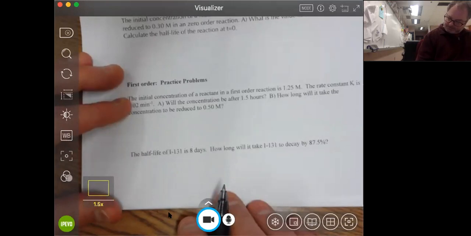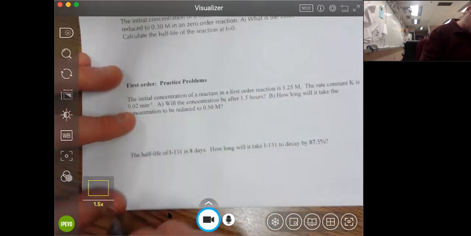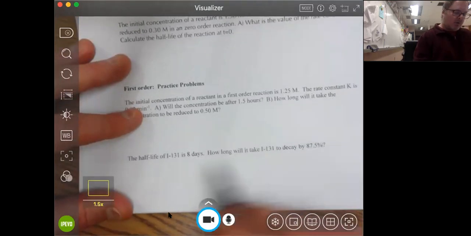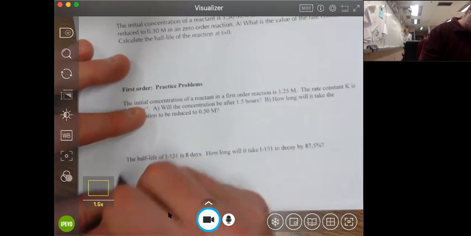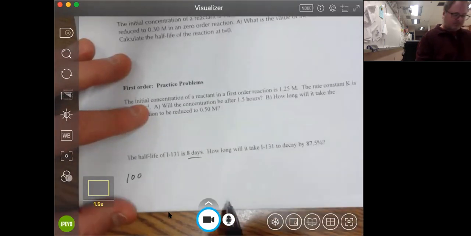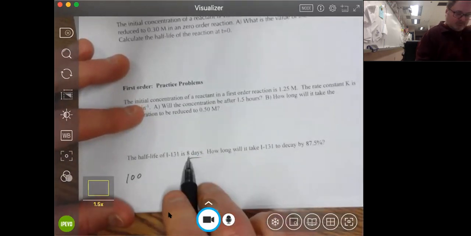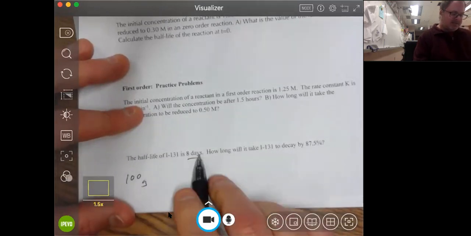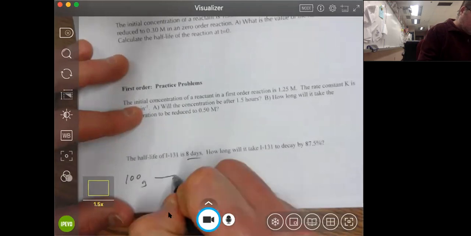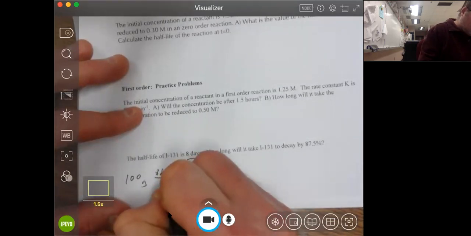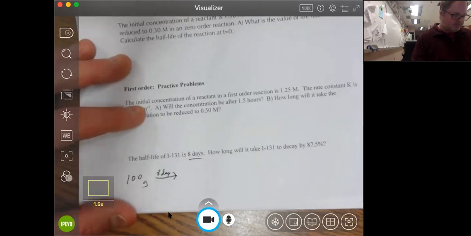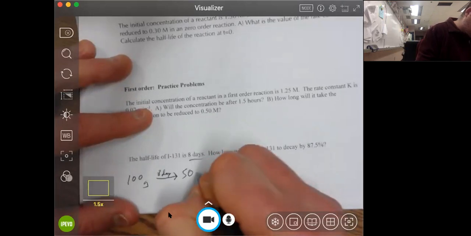This is actually kind of cool because remember, it is only dependent on K. One quick way to do this is to find out if we have 100 grams, in 8 days how much is going to be left? 50 grams, right?